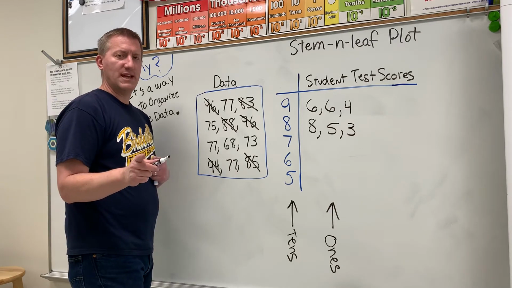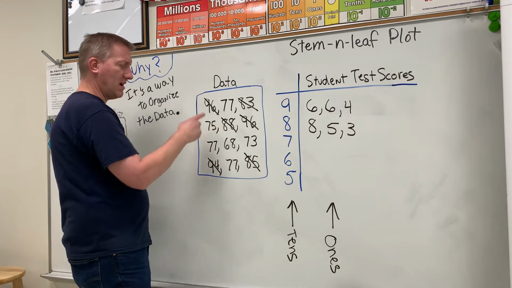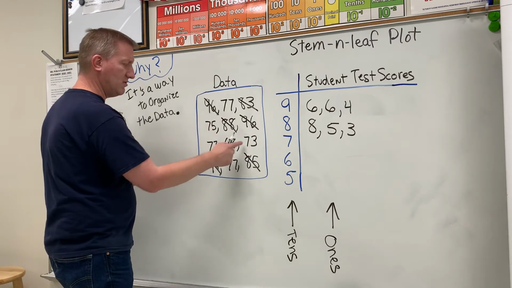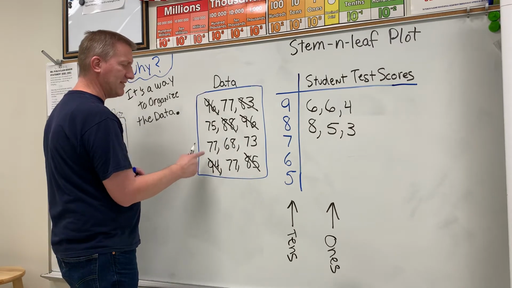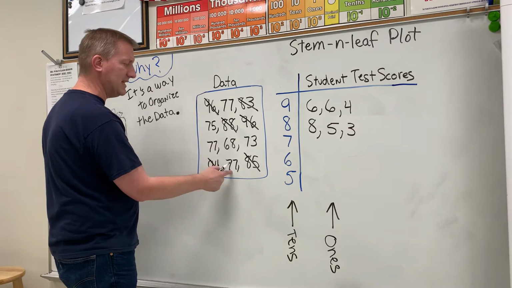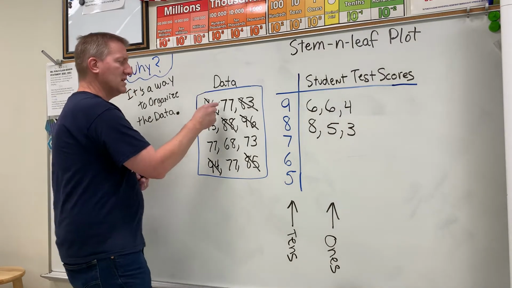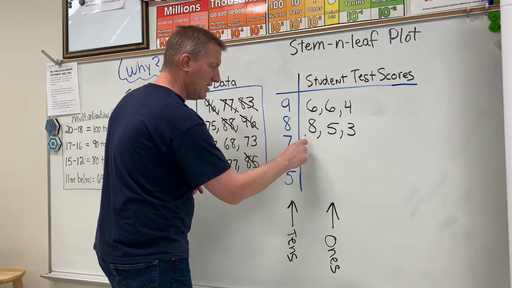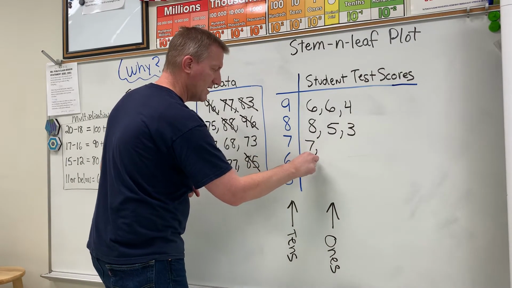I hope you're staying with me so far. All right, now I'm going to the 70s, and I have 1, 2, 3, 4, 5 different 70s, and it looks like I have three 77s. So I'm going to cross one of those out, and I have 70 here, and then a 7.